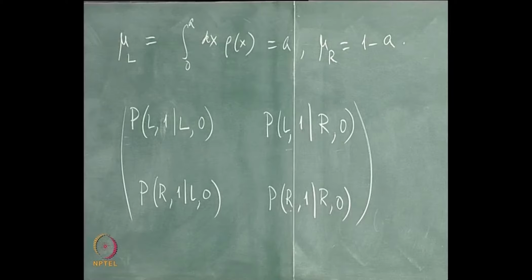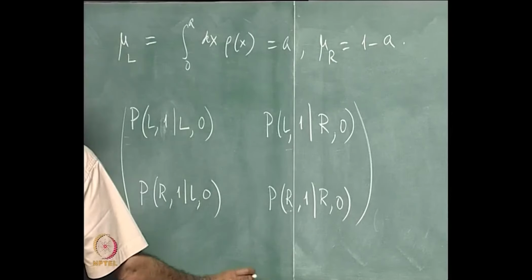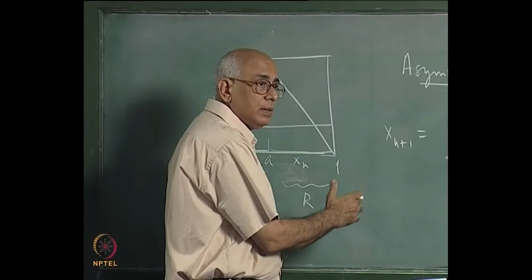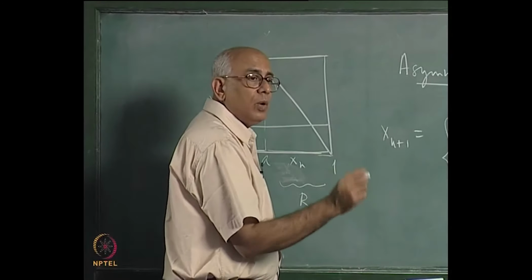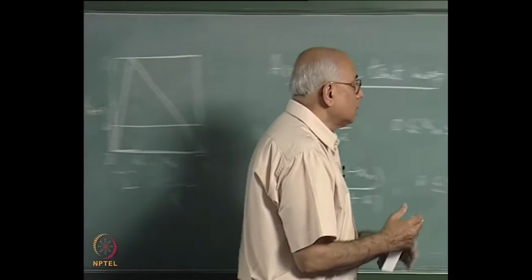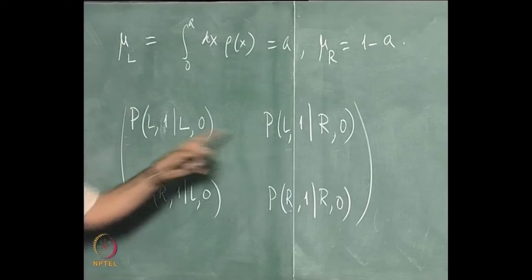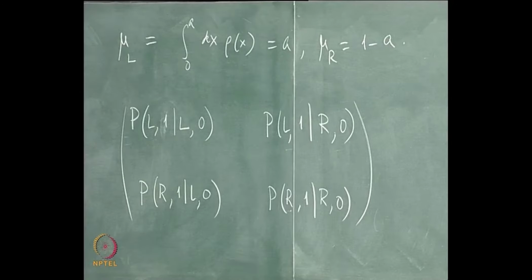Now how do you define these quantities? What would you do? Remember that the x itself is continuous, but I have broken up the whole thing into cells and I am now looking at the symbolic dynamics of the cells. So the states of my system are either L and R and that is what I have written here. These are the probabilities I am computing. But how do I write this down?